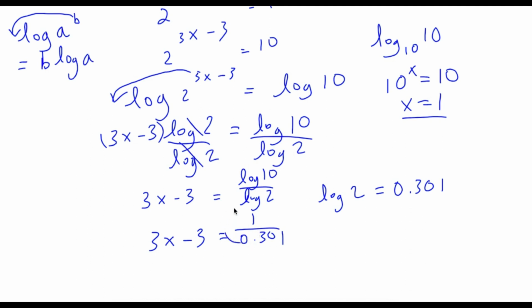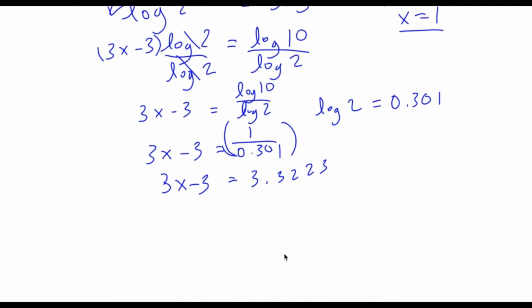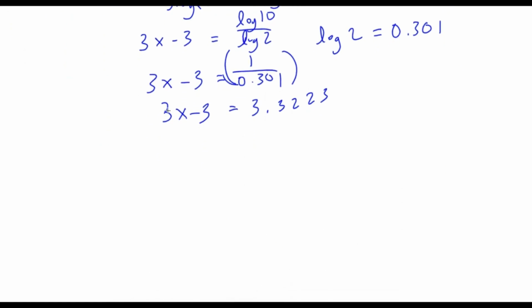Now, 1 over 0.301 is equal to approximately 3.3223. So now we have 3x minus 3 is equal to 3.3223. So I can simply add 3 on both sides. So now I have 3x is equal to 3 plus 3.3223, which is equal to 6.3223.